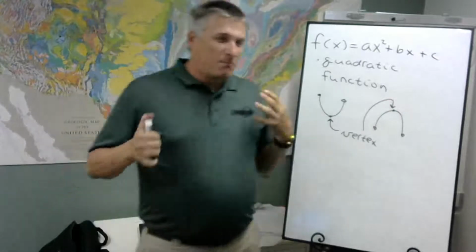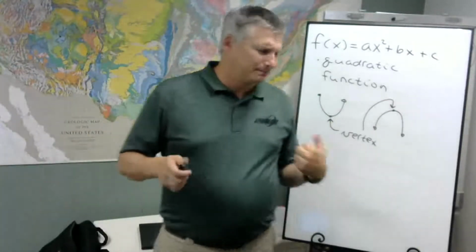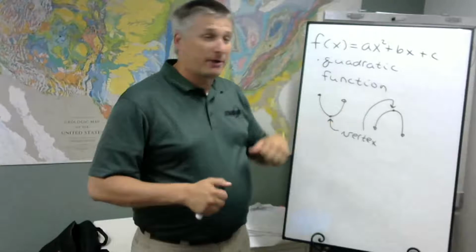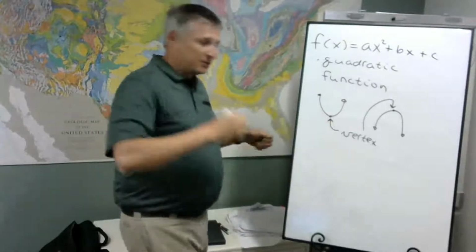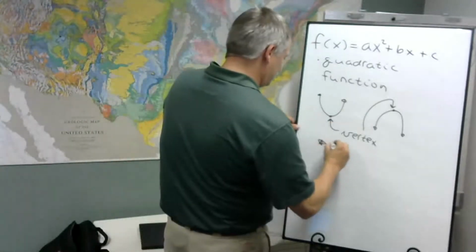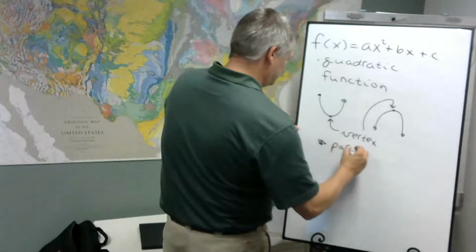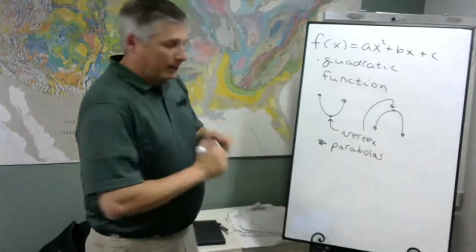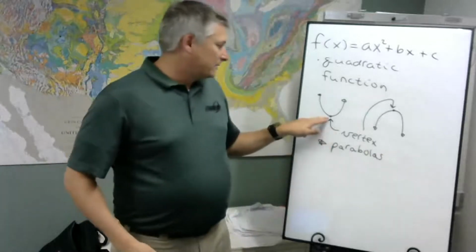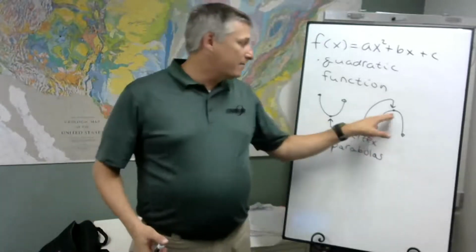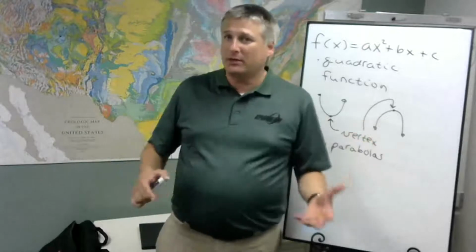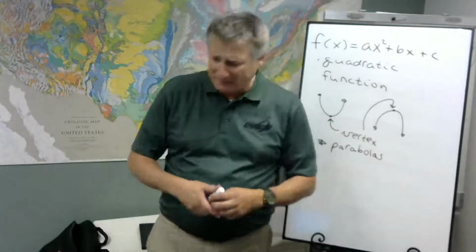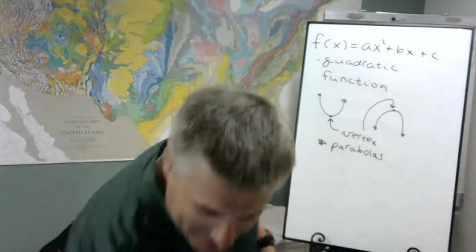And if we can model some kind of relationship using one of these parabolas, and that's what these are called, well, we can find out the minimum of something or the maximum of something, and we'll take a look at an example of that later tonight. So let's take a look.